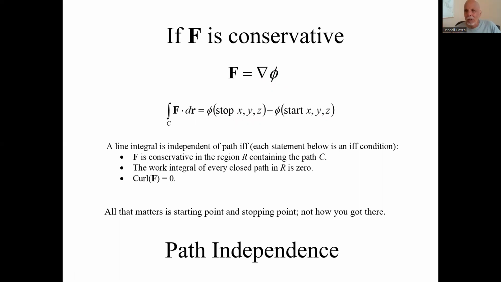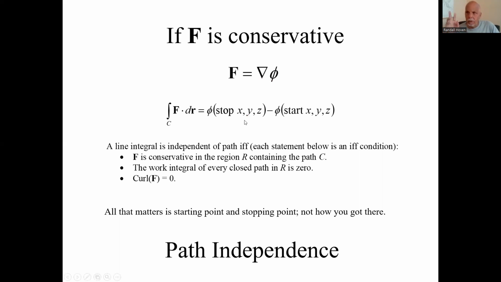It's an integral through a vector field over a curve or path. So that means we don't care what the path does between its endpoints. All that matters is where it starts and where it stops. And we don't even have to evaluate an integral the normal way.